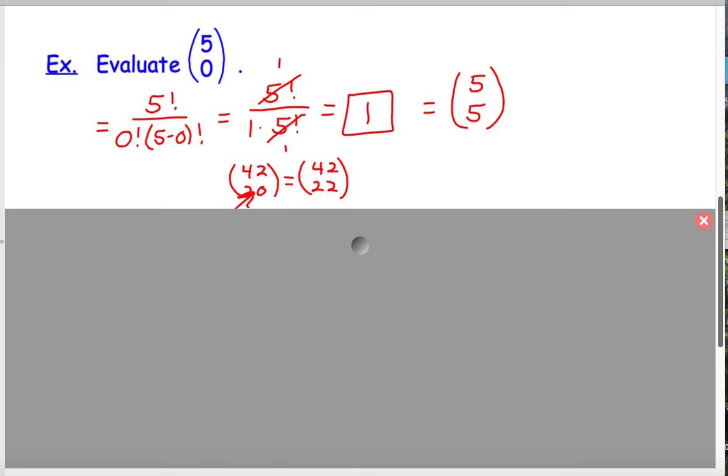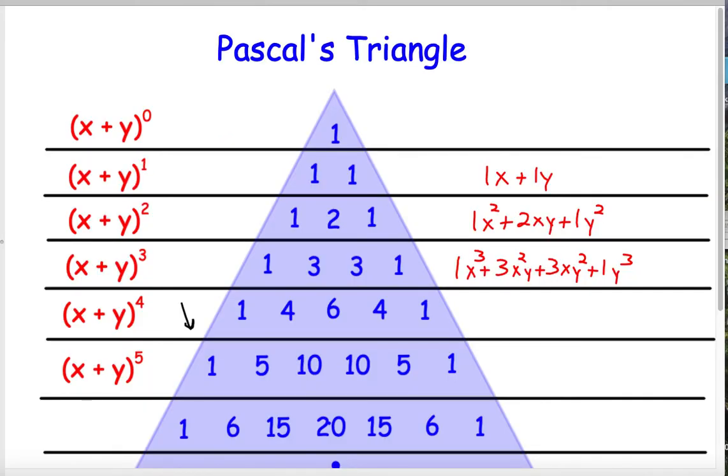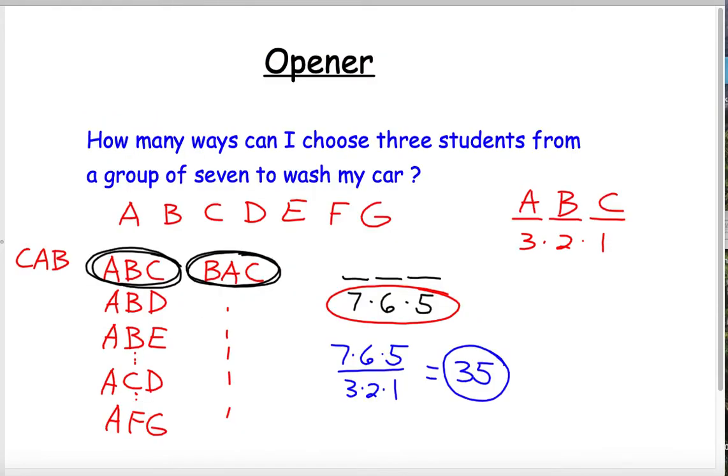In the denominator, this one will be 20 factorial times the difference between these, which is 22. Just like this one will be 22 factorial times the difference between these, which is 20. And so that's why, and that tells us the symmetry involved. And speaking of symmetry, we saw some symmetry here in Pascal's triangle.